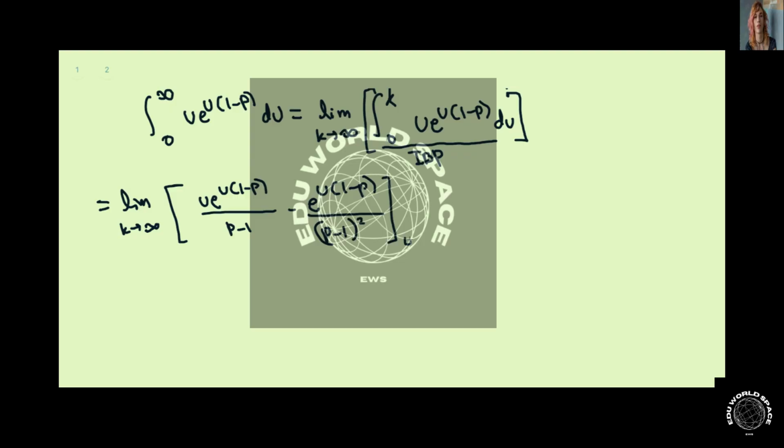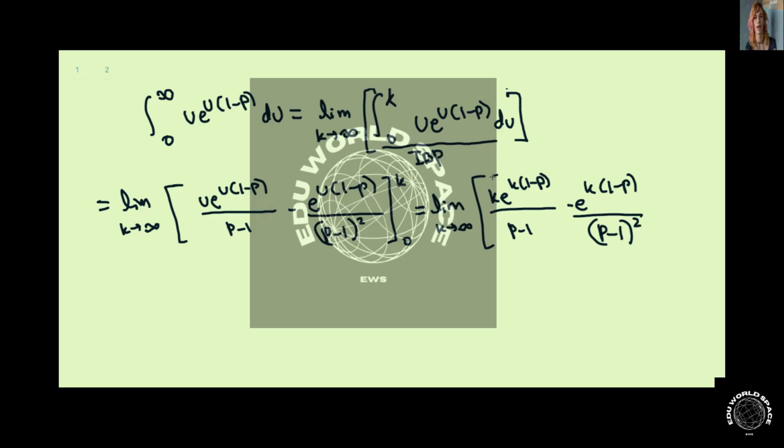And then we have our limits, 0 to k. So then the next step is just to go ahead and plug in those lower and upper limits, 0 and k, in for u. So that's when you plug in k, and then go ahead and plug in 0.